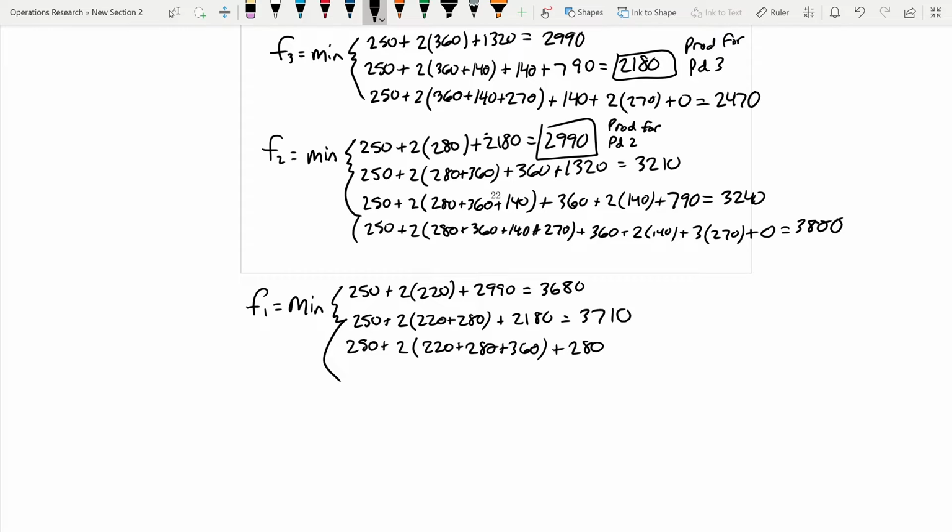Actually, I made a mistake right here. It should be 220 plus 280 plus 280 again here, plus 2180 equals 3710. This here we're adding on 280, then we have to do 2 times 360 plus 1320 for F sub 4, and that's going to equal 4290.